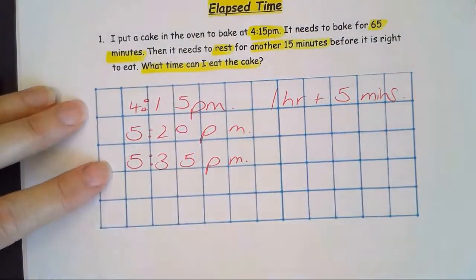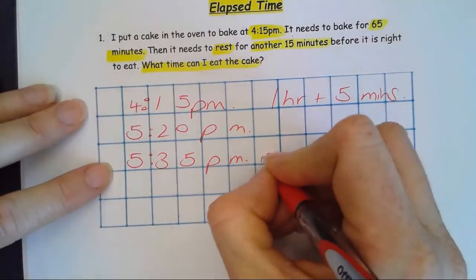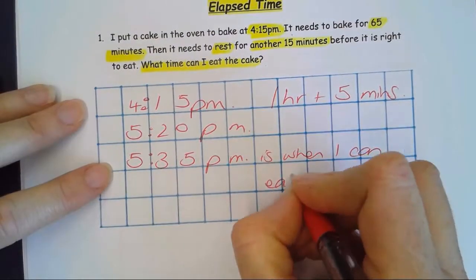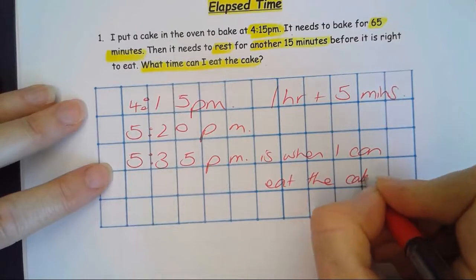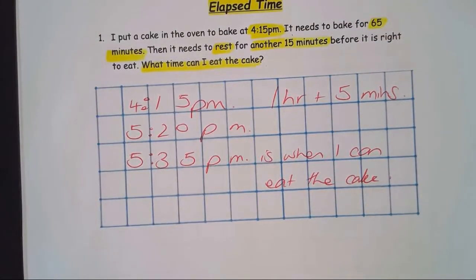And whenever we answer a problem-solving question, we write it in a sentence. Is when I can eat the cake. Will you lose marks if you don't do that? I just think it's always a really good idea.